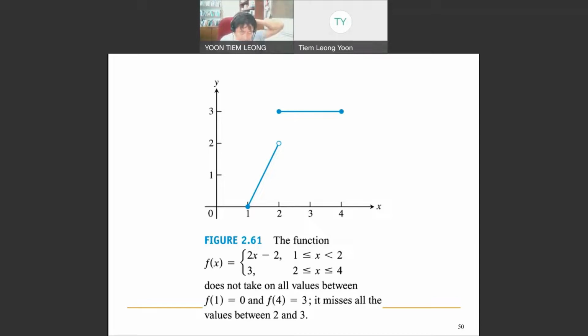This is actually a counterexample that shows that if the function is discontinuous and not continuous, then you don't always have a value of c that lies between the endpoints where the value of the function at c equals a number lying continuously between f at the endpoints. Okay, so let's try to apply this theorem to this example.